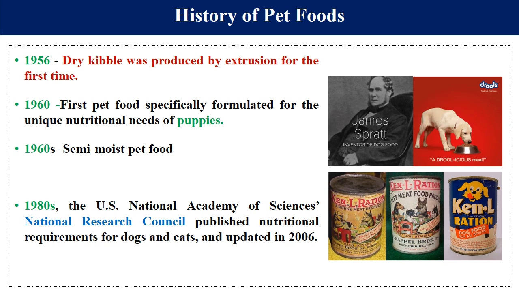In 1960 also, semi-moist pet food was introduced, but in 1980 the US National Academy of Sciences, that is the National Research Council, published the nutritional requirements for dogs and cats, and it was further updated in 2006. So the details about the nutritional requirements were first published in 1980, and in a separate lecture we will discuss a little more about the nutritional standards for the pet animals.